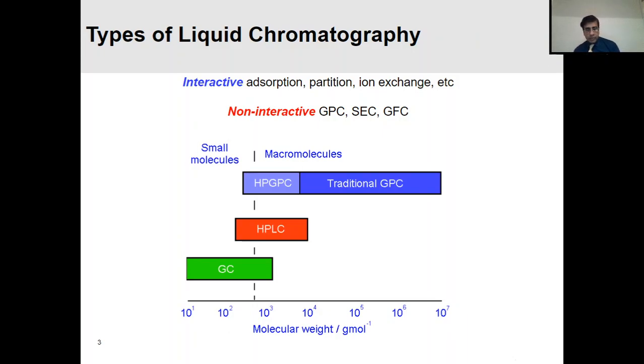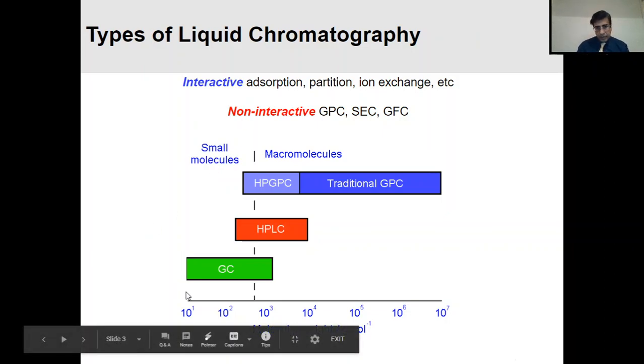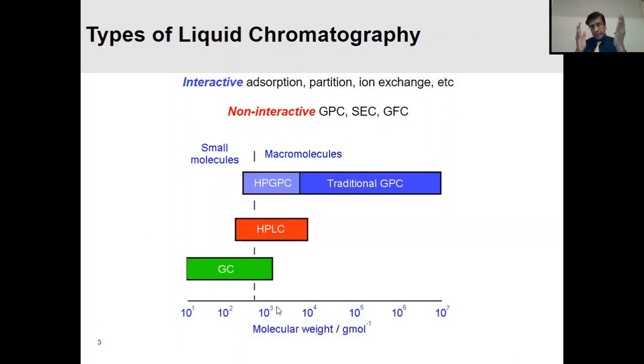If you look at this graph, we have a range from 10 to the power 1 to 10 to the power 3 grams per mole. If the molecular mass is in that range, you can use GC, a little bit higher you use HPLC, and for gel permeation chromatography we usually use 10,000 and onward, up to a million or 10 million.